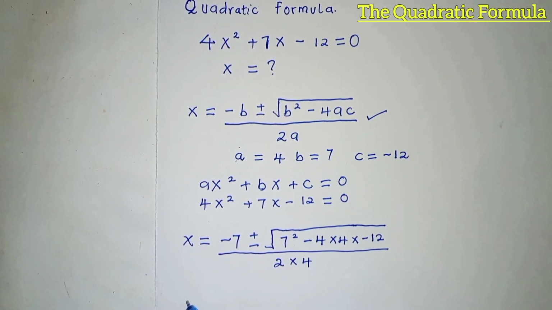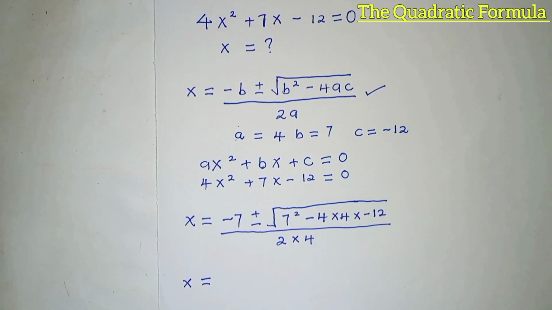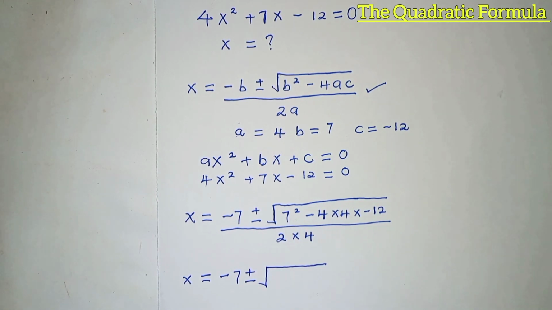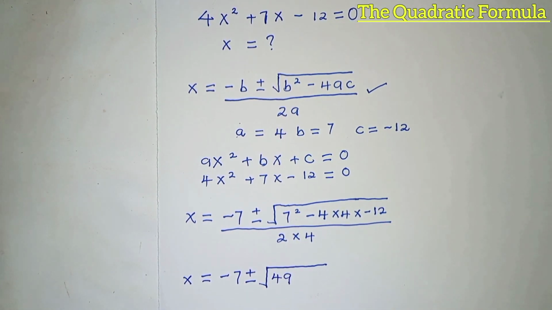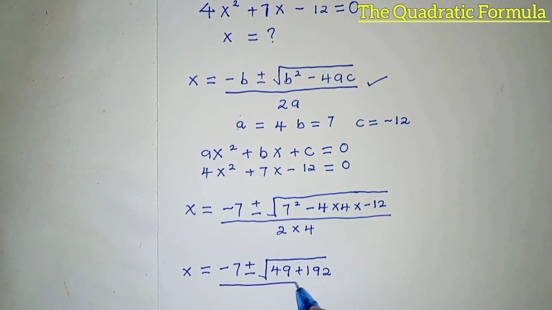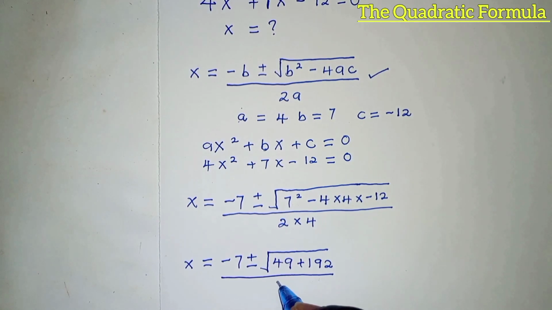The second step, you say x is equal to negative 7 plus or minus the square root of 7 squared, which is 49. Then you multiply these three numbers. Negative 4 times 4 is negative 16. Negative 16 times negative 12 is positive 192. So 49 plus 192, then over 2 times 4, which is 8.